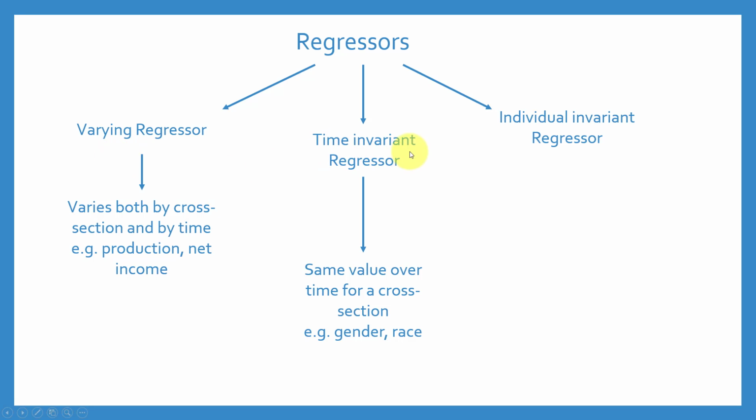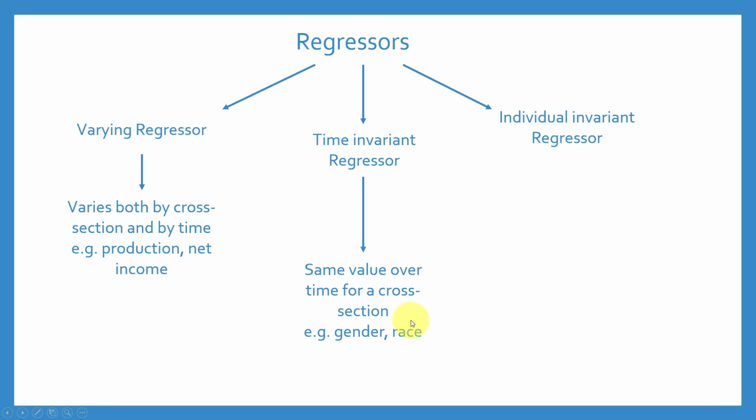Then we have time invariant variable or time invariant regressor that remains the same throughout the time period, as the name suggests. It doesn't vary over time. For example, gender, race, ethnicity, color of an individual, or the geographical location of a firm. So normally within the data, this variable would be time invariant.